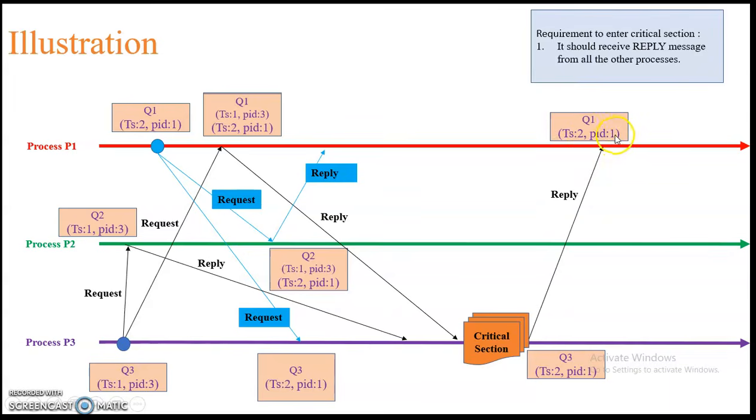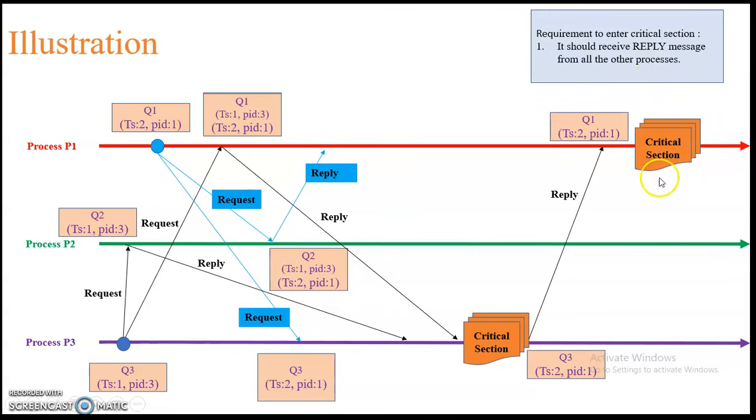Now just check, P1 has received two replies, this reply from P3 and this reply from P2, which means that both the replies are received at process P1, so it can now enter into the critical section. So now P1 enters into the critical section.